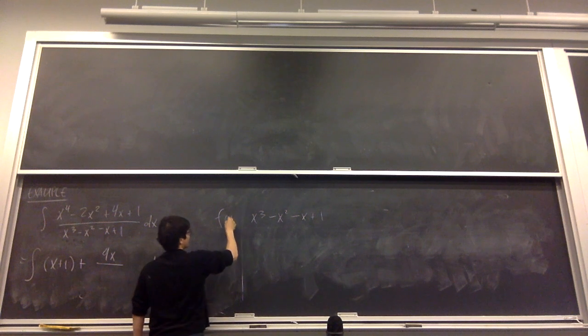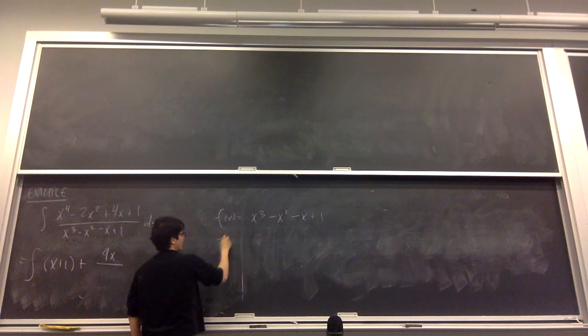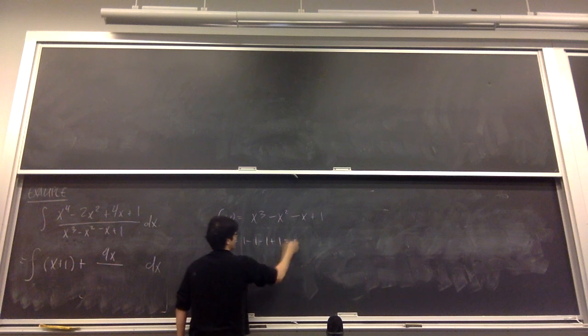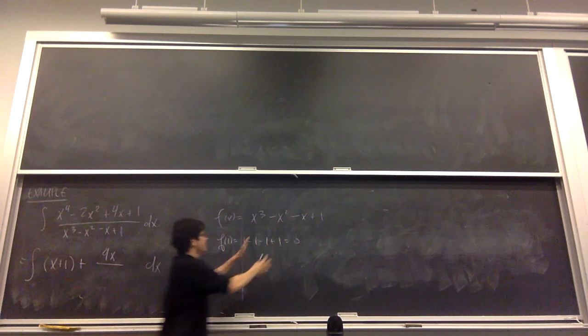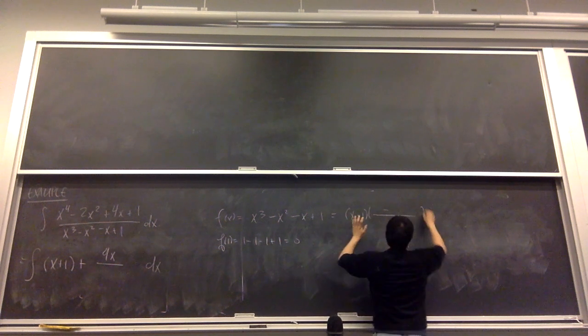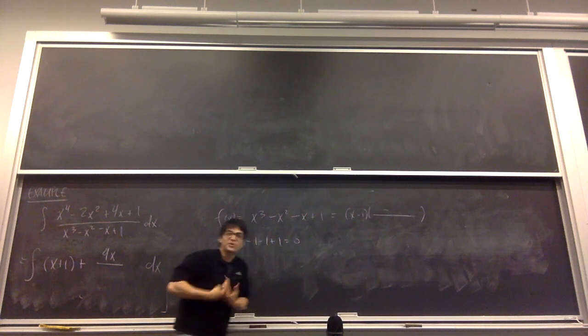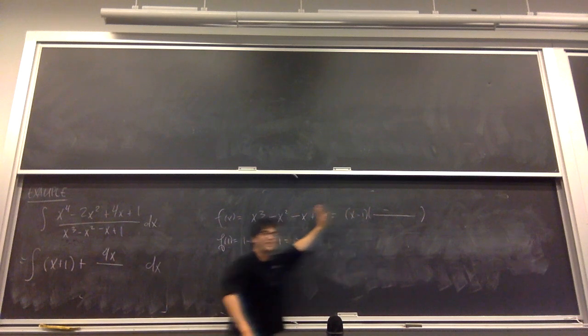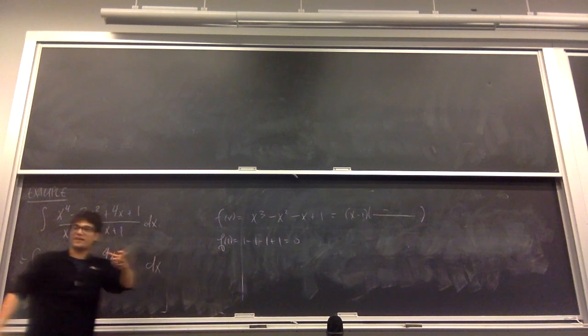So if this is a function f of x, we know that f of 1 is 1 minus 1 minus 1 plus 1, which is 0, which means this has to be x minus 1 times something. That's how we produced the 0. That's the only way for this whole thing to be 0, if x minus 1 was a factor.